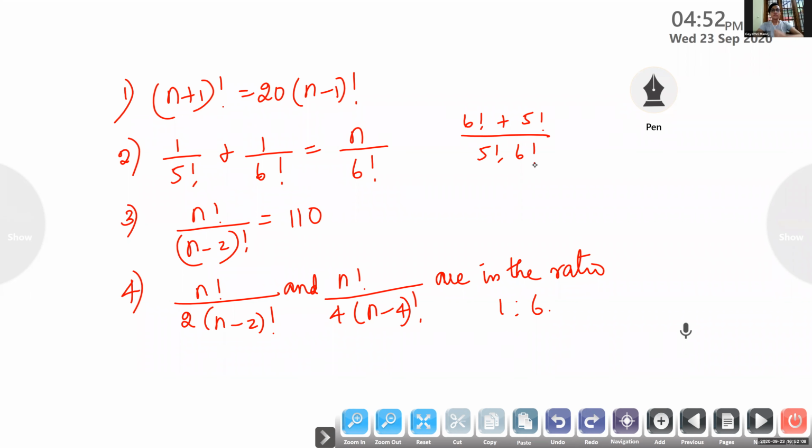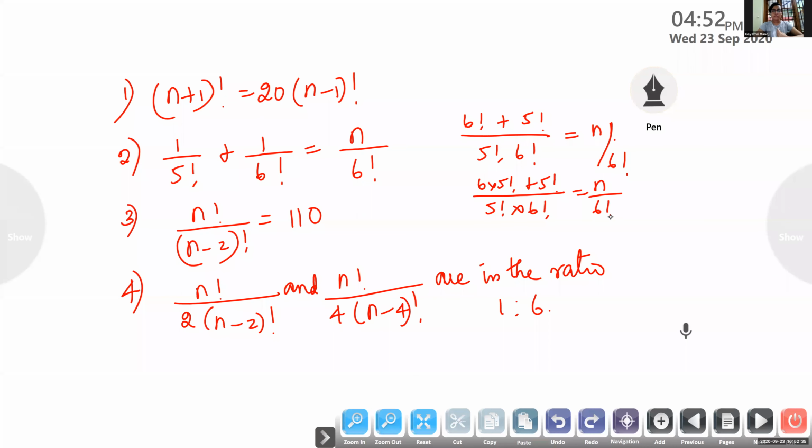Yes, ma'am, equal to n by 6 factorial. Then we can convert the 6 factorial of the numerator as 6 into 5 factorial. So 6 into 5 factorial plus 5 factorial by 5 factorial into 6 factorial is equal to n by 6 factorial.